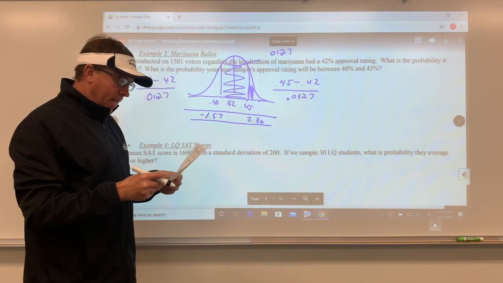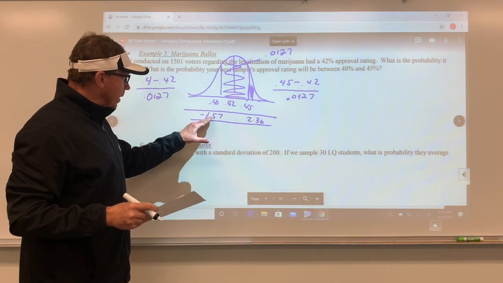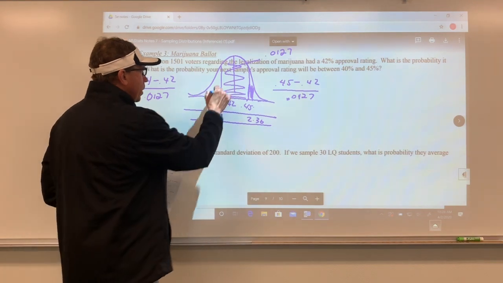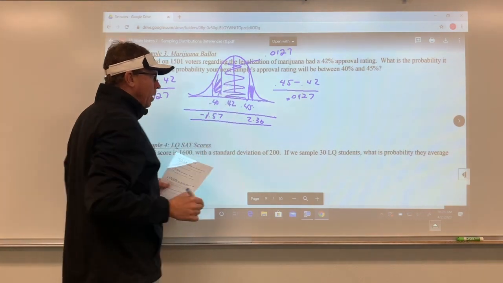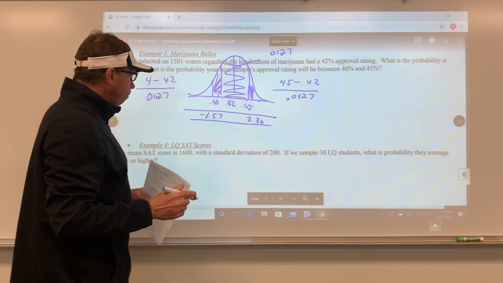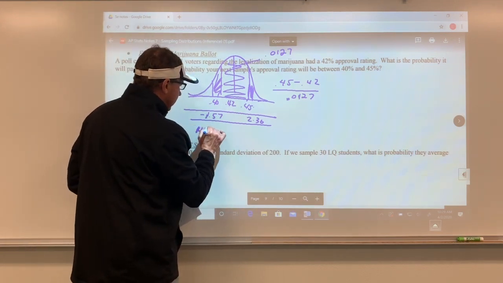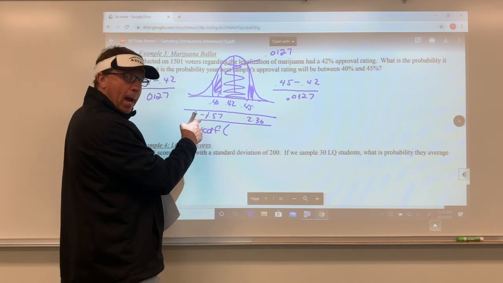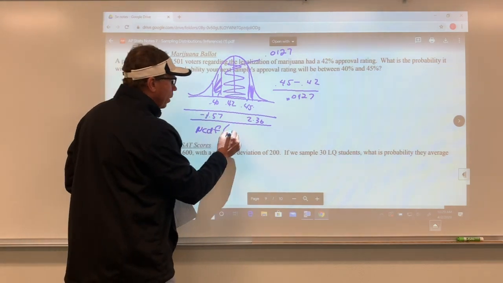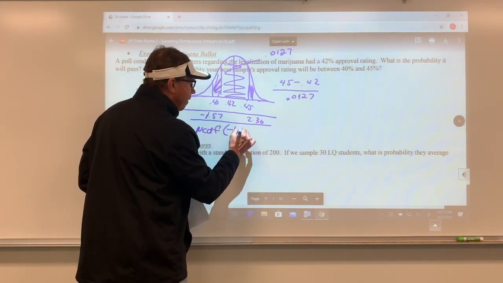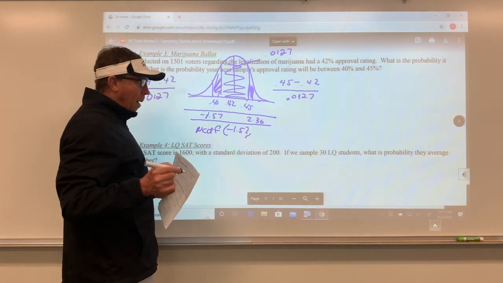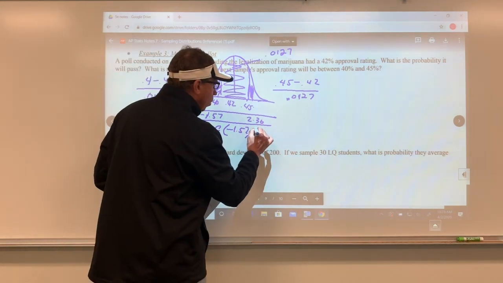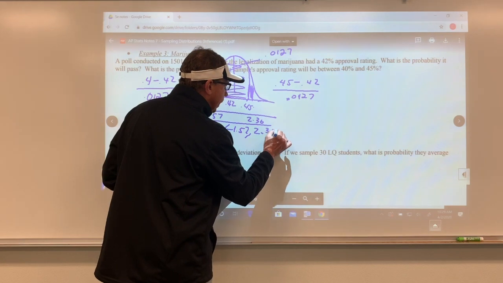And I'm going to find the area between these two things, okay? So this is actually pretty deep here. It's going to be in the 90%, I think. All right, so I'm going to type in NCDF on my calculator. I'm going to put the lower bound, or left bound, z-score, negative 1.57. Then the upper bound, or z-score, of 2.36.